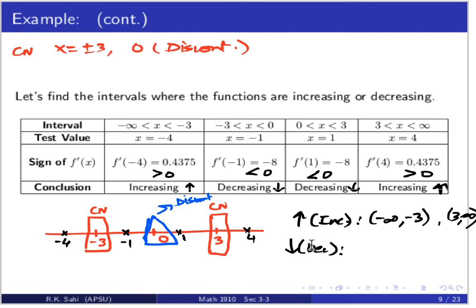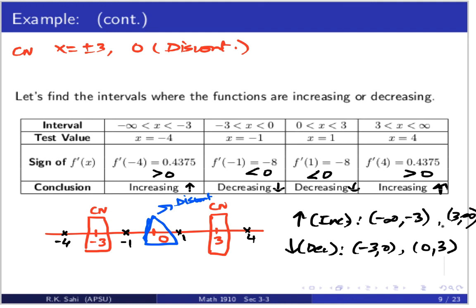You cannot include 0 because 0 is not in the domain of the function. So you have to write it like this, -3 to 0 and 0 to 3. If you write -3 to 3, it means that 0 is in the domain of the function, where it is not in the domain of the function. So please keep that in mind.